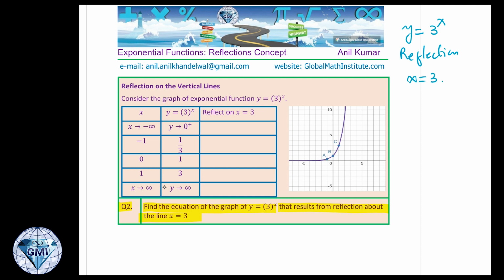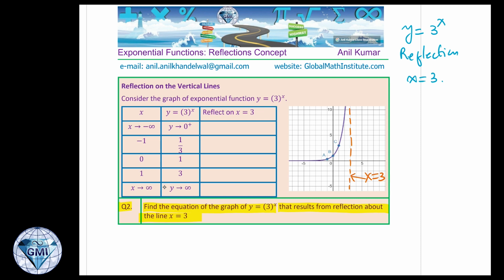So when you reflect on x equals 3, how will the graph look? Well, let's draw the line x equals 3, which is a vertical line, correct? So let me draw this line here. That is the line x equals 3, right? Now when you reflect, the points will be the same distance away.